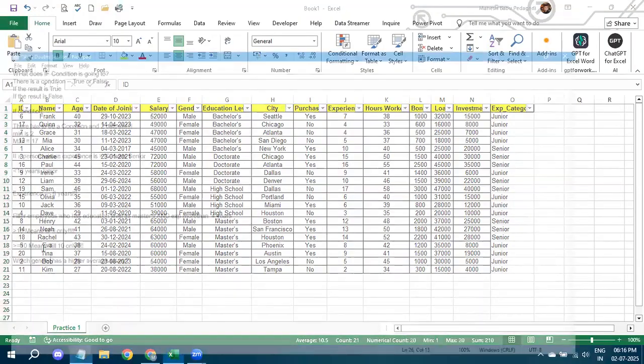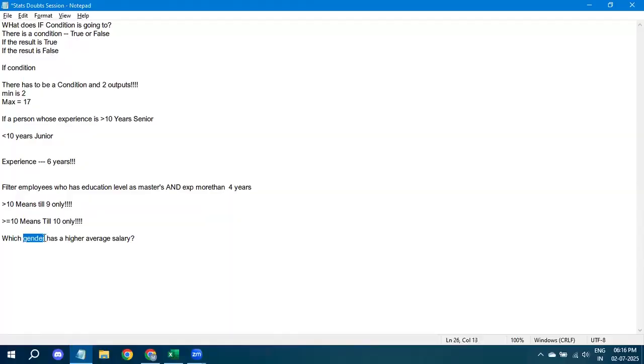Okay. Here, two conditions are there. For male and for female, you need to cross-check and find which gender is having the highest salary. For male, you need to check the average salary. For female, you need to check the average salary.